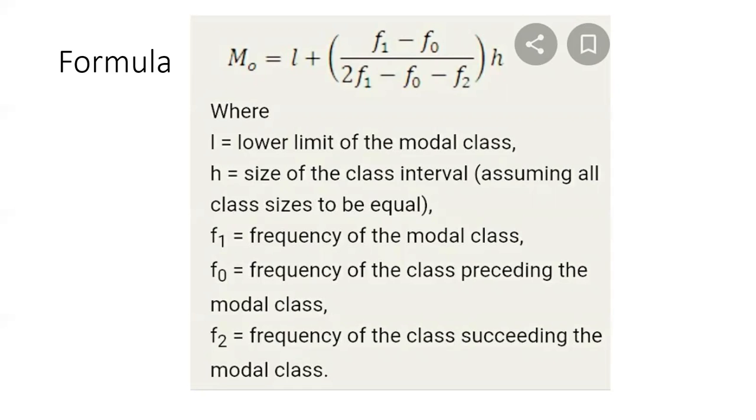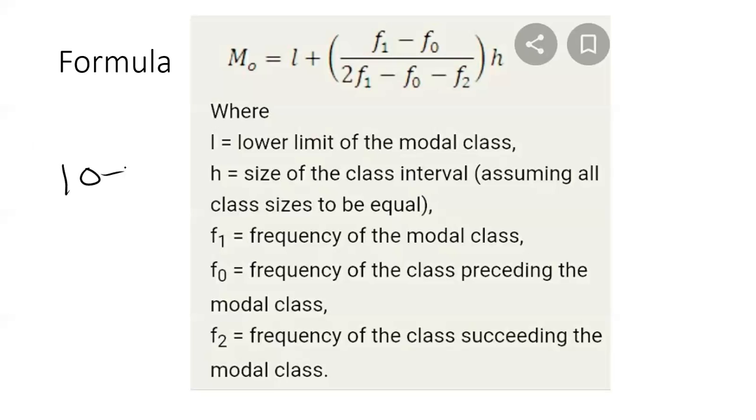h is the size of the class interval, assuming all the class sizes to be equal. F1 is the frequency of the modal class. F0 is the frequency of the class preceding the modal class, since 0 comes before 1. F2 is the frequency of the class succeeding the modal class.